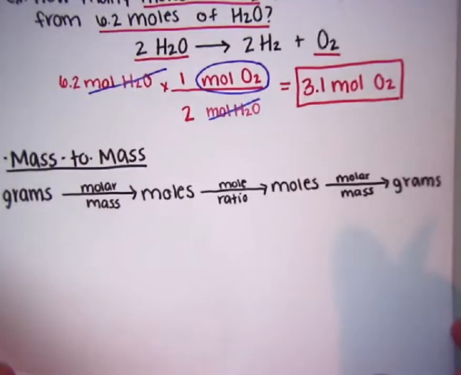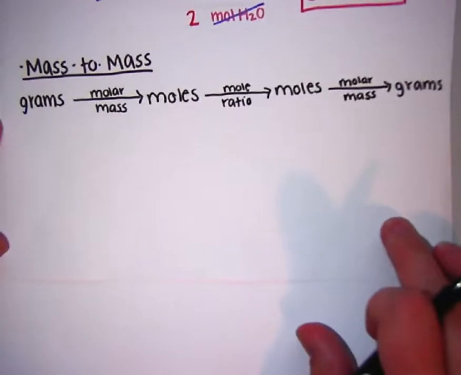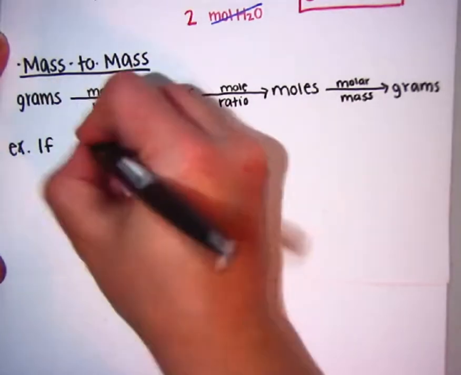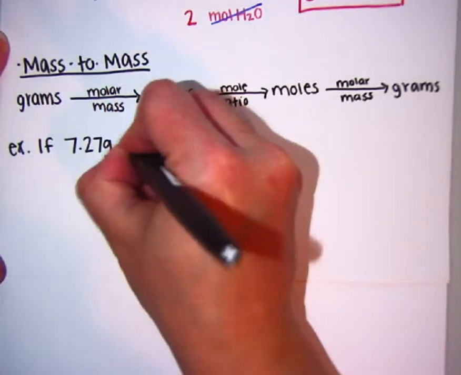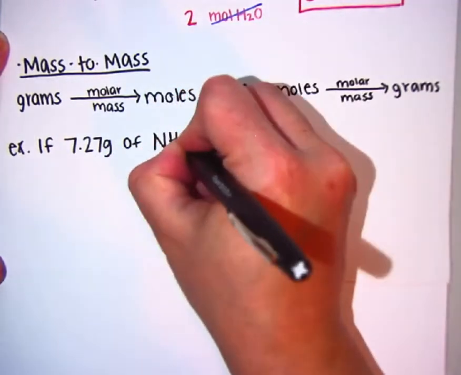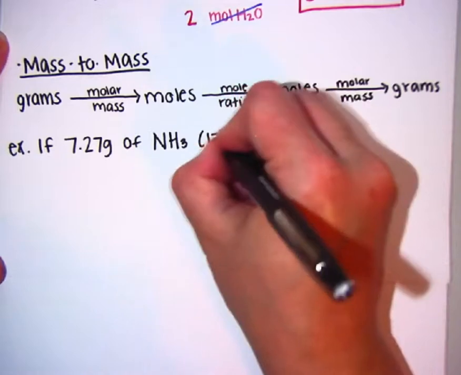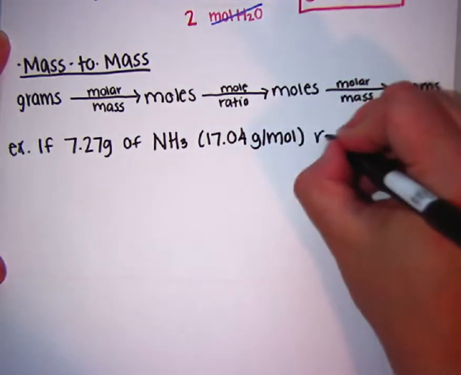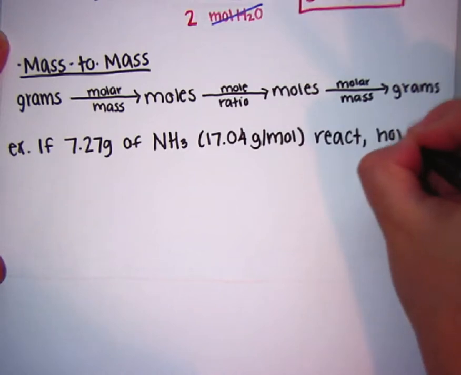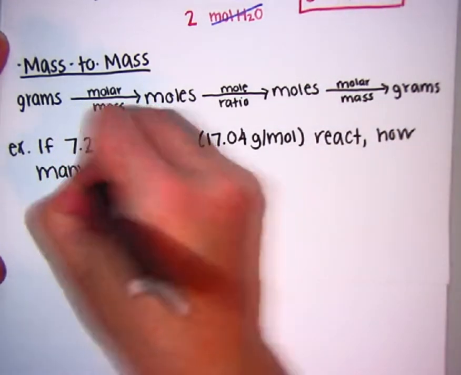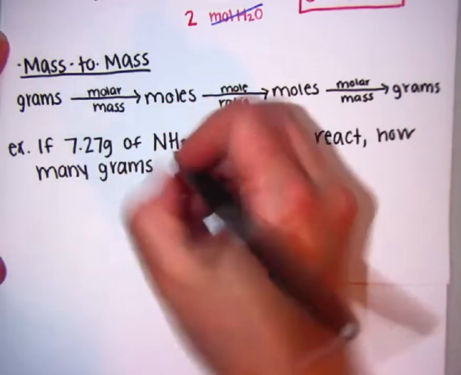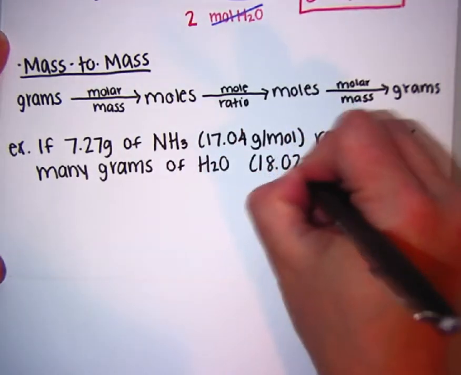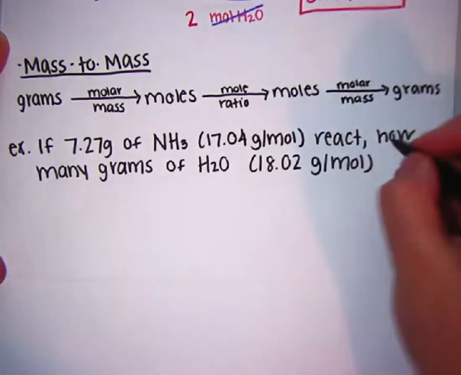All right, first problem. If 7.27 grams of ammonia react, how many grams of water can be produced?